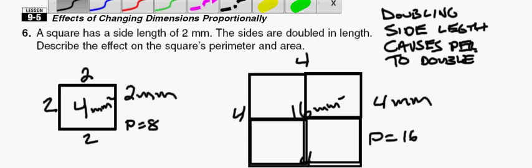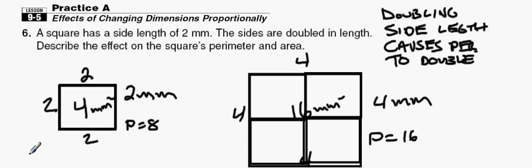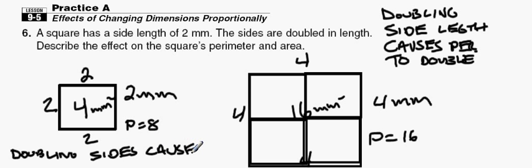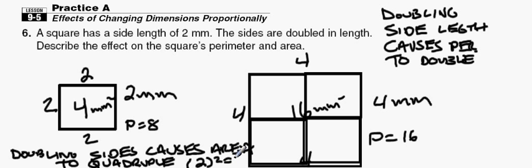So we would say then that doubling side length causes area to quadruple. So we'd simply go 2 squared equals 4.